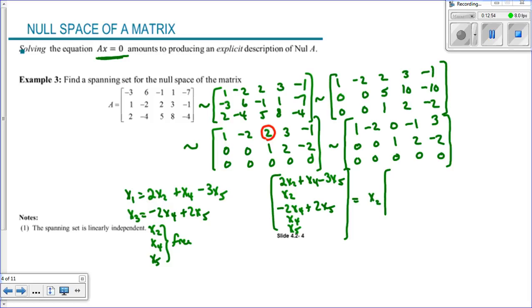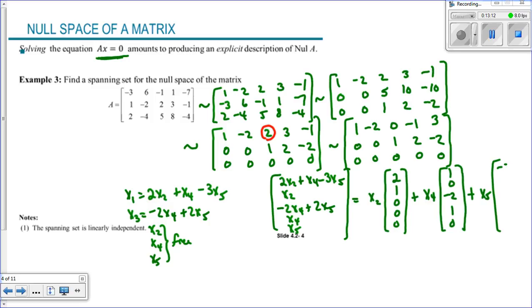So I'm going to have x2 times 2, 1, 0, 0, 0, plus x4 times 1, 0, negative 2, 1, 0, plus x5 times negative 3, 0, 2, 0, 1. Okay, so what we just found is an explicit description for the solution to this homogeneous equation, which is the explicit description of the null space.